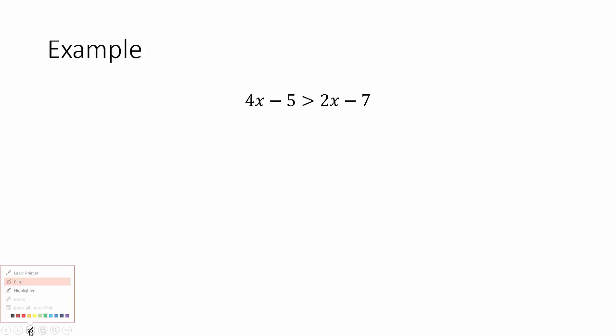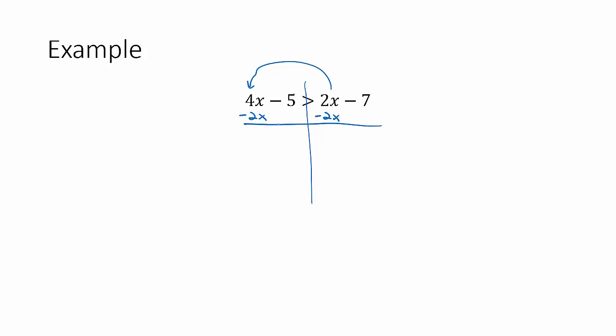Let's do one last example before I let you go. This one has the variable on both sides, but just like regular equations, we can take care of that by moving the 2x over to the other side by subtracting it. And if I do it on one side, I have to do it to the other side. 4x minus 2x is 2x.